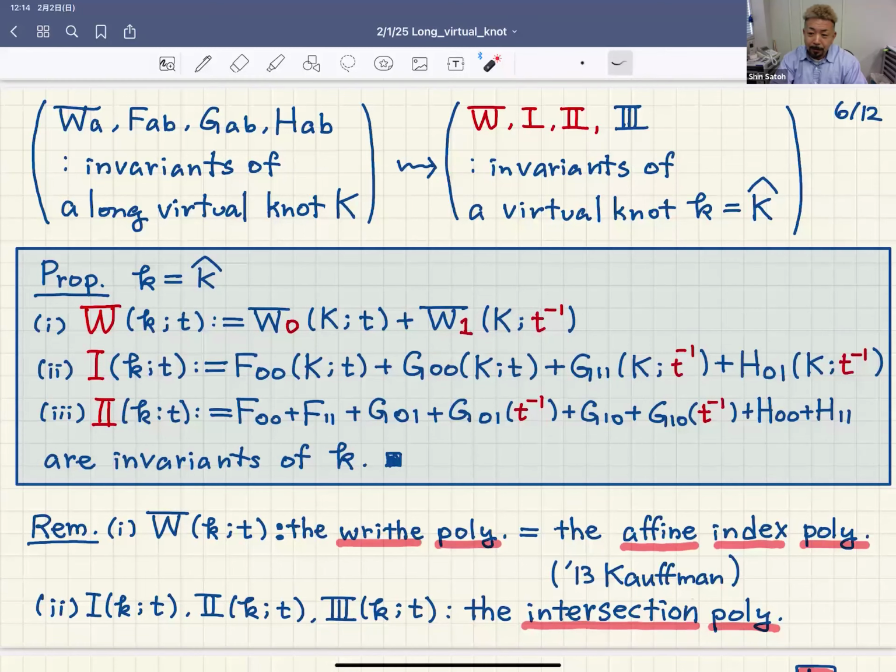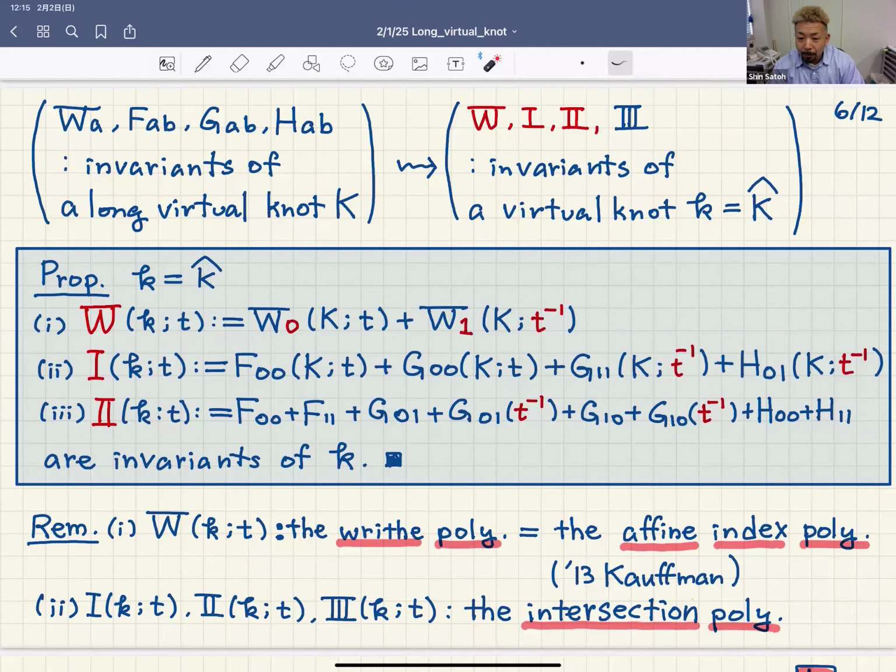We can prove that this does not depend on the particular choice of a long virtual knot whose closure is K, so that W is an invariant of a virtual knot K. This polynomial W is called the rise polynomial of a virtual knot, which is equivalent to the affine index polynomial introduced by Professor Kauffman.